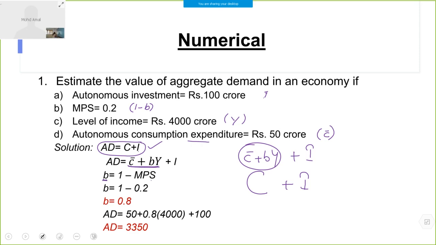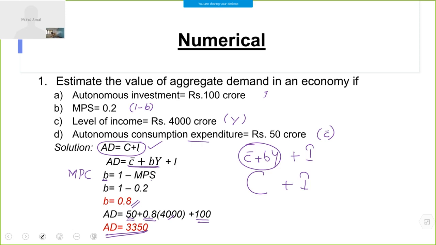B shows MPC. MPC is equal to 1 minus MPS. So we got B. Just substitute. C dash is 50 plus B is 0.8, Y is 4,000 and plus I, that is 100. So finally we are getting AD. So what you have to do, you just identify the question, then based upon that question you have to prepare a formula, then substitute. Okay, just copy the question.